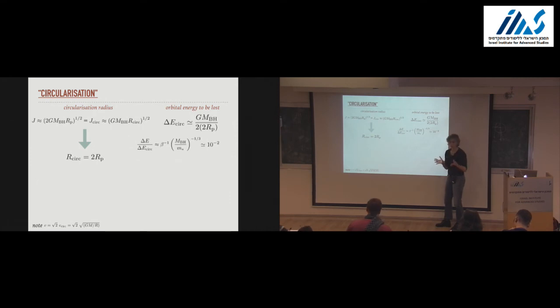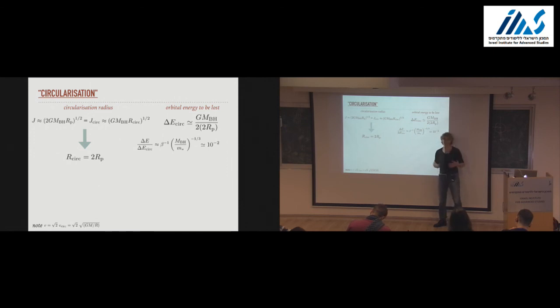So this tells you that if you take this energy and you radiate it away, then you can circularize your stream at 2 rp. But if somehow 1% of this energy remains trapped in the flow as you try to circularize, you unbind the whole thing. So it's a tricky business, circularization.